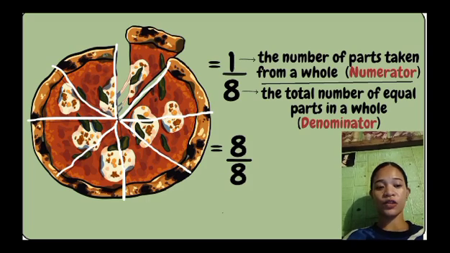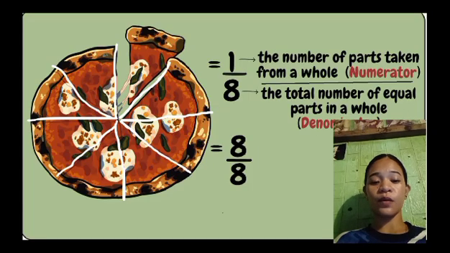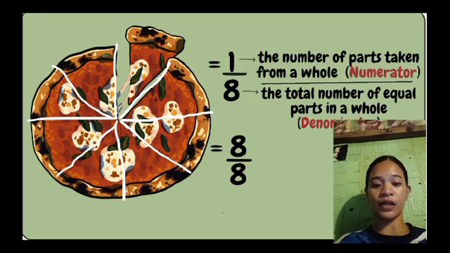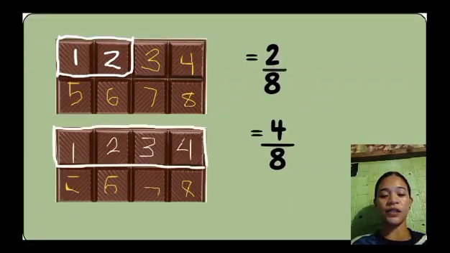So the fraction becomes 1 over 8, where 1 is the number of parts taken from a whole, or what we call the numerator, and 8 is the total number of equal parts in a whole, or what we call the denominator. If I'm going to eat the whole pizza with the slices of 8 parts, the fraction becomes 8 over 8.